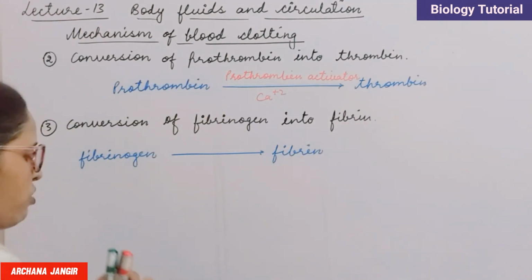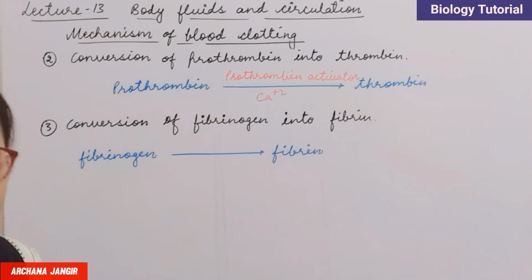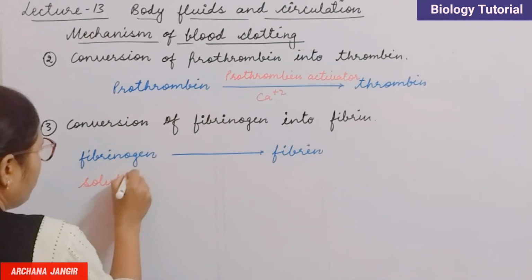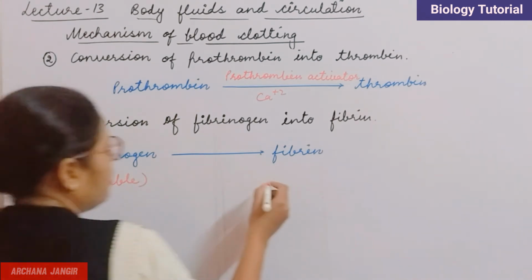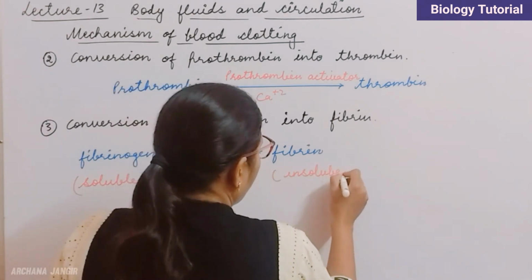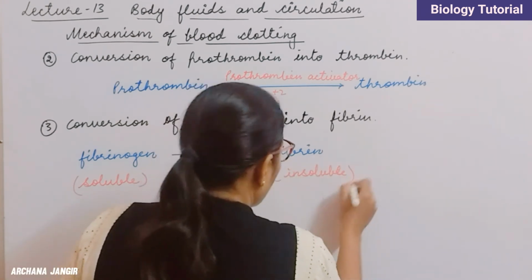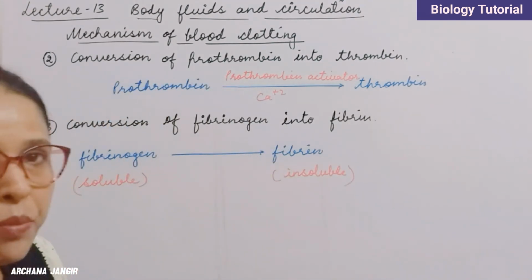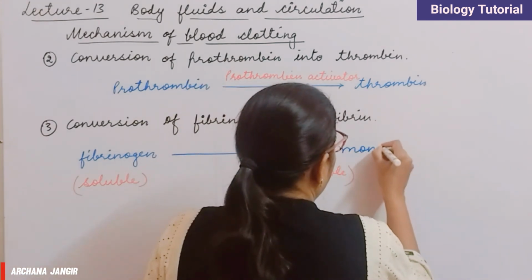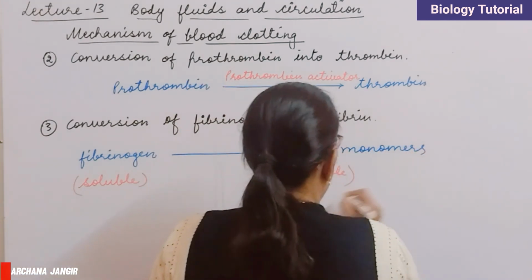Clear? This fibrinogen is the soluble form and this is the insoluble form, and these are the monomers. Okay? Fibrin monomers are formed. These are the fibrin monomers.